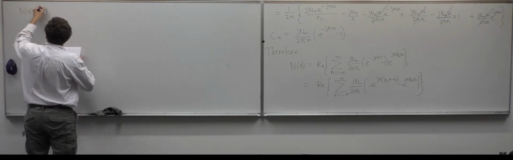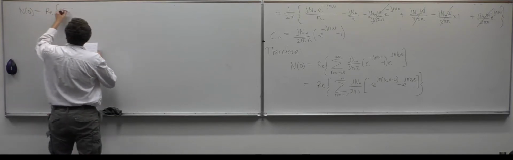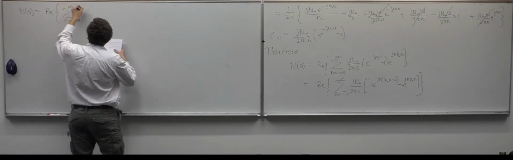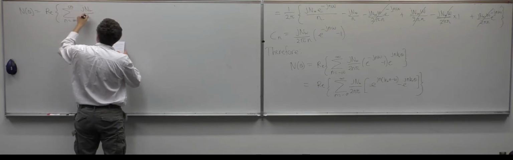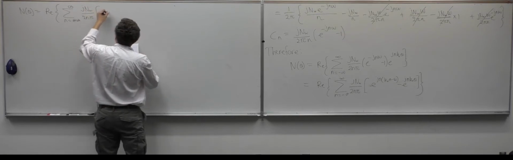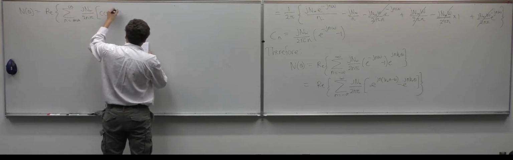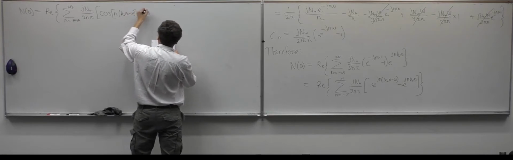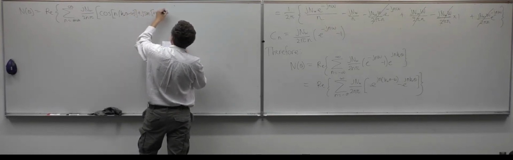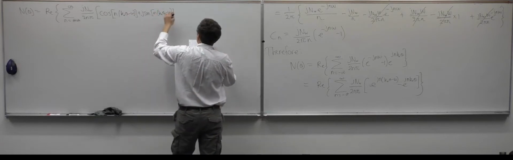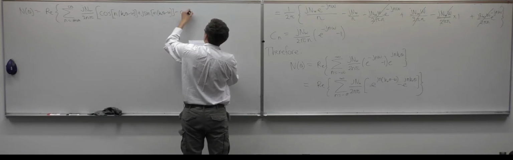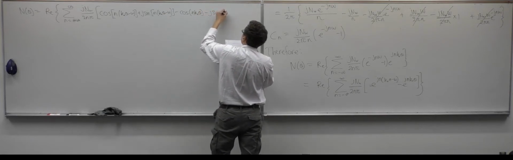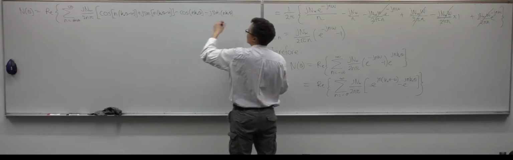So we have n theta is equal to the real part of the sum from minus infinity to infinity of j n w over n pi times cosine n k naught theta minus w plus j sine n k naught theta minus w, minus cosine n k naught theta minus j sine n k naught theta, like that.